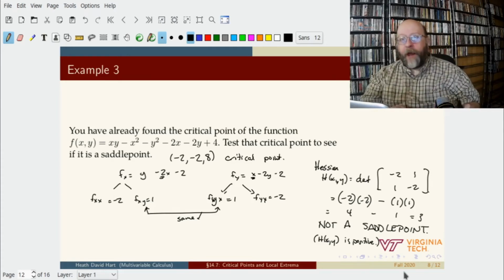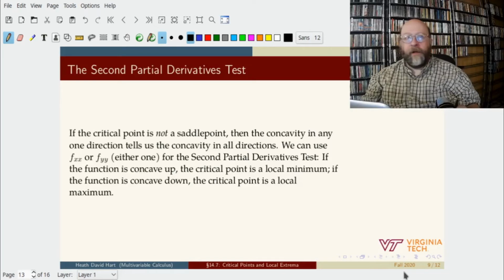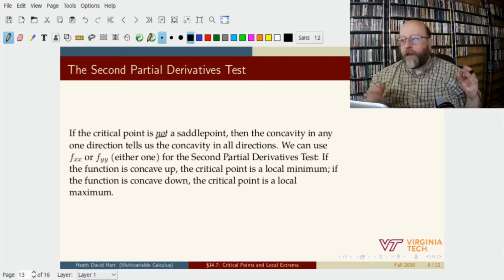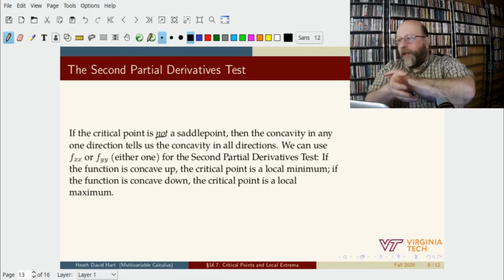I'm going to come back to this slide in a moment, but I want to do some exposition for a moment. If the critical point is not a saddle point, then the concavity in any direction tells us the concavity in all the directions. When the concavity is strong enough to withstand the torsion, it doesn't flip by rotating it.